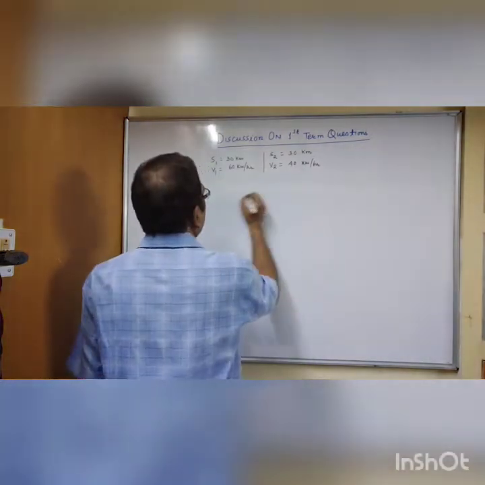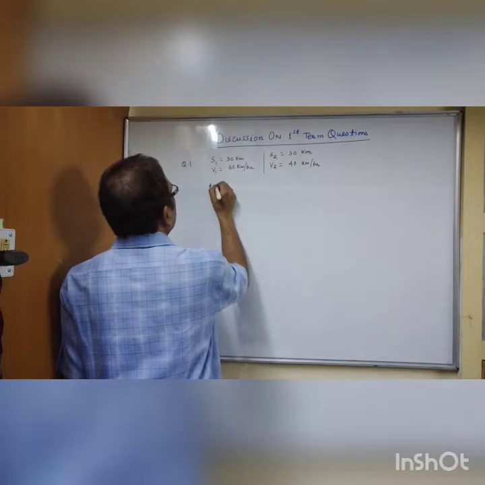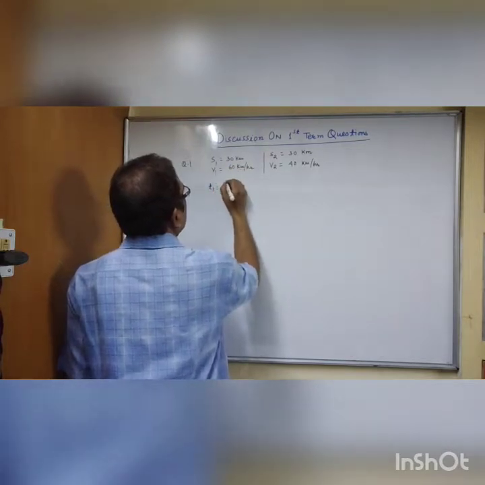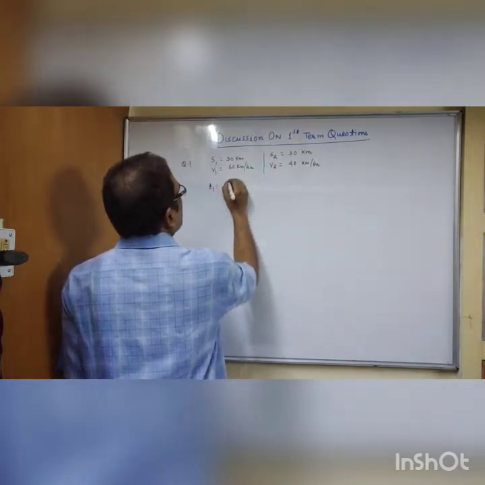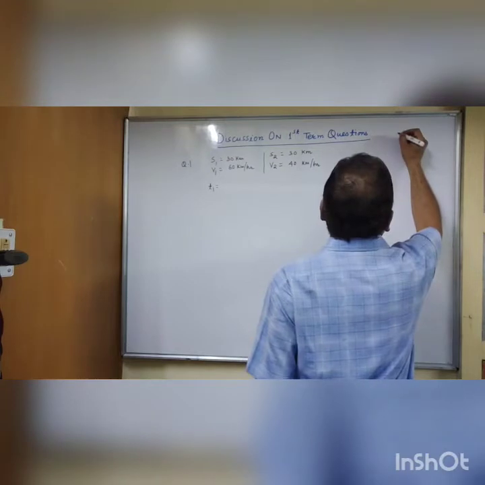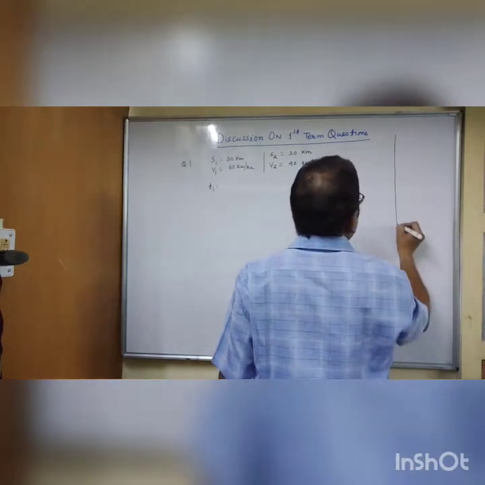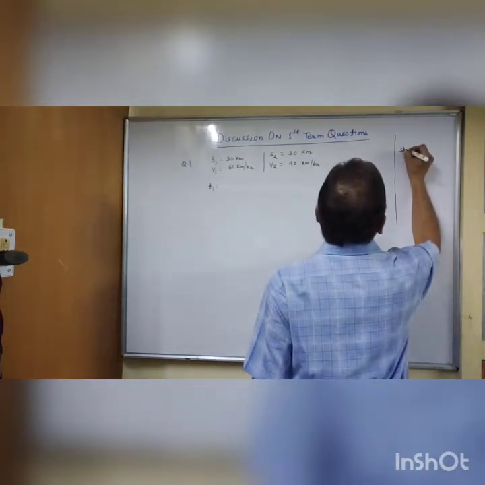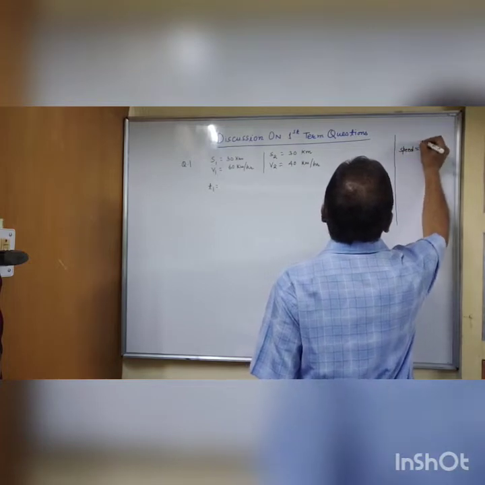So first we will calculate how much time the bus will take to cover a distance of 30 km with a speed of 60 km per hour. A very simple formula that you know: speed is equal to distance by time.